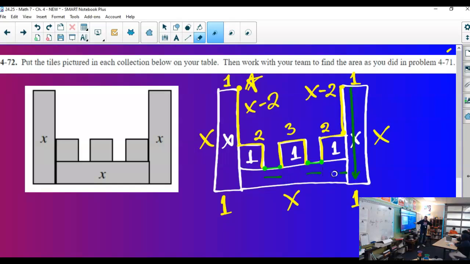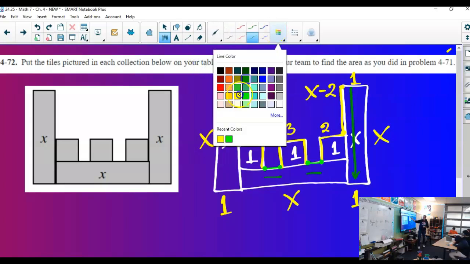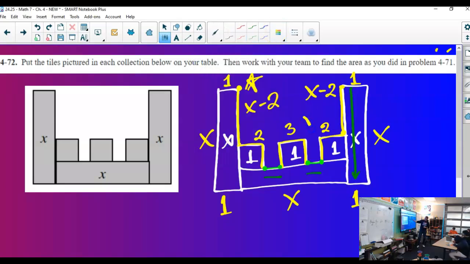And I get rid of this much. Say it louder. So together, those two sections, we're not going to separate them because that would be way more difficult. These two sections together are x minus 3.